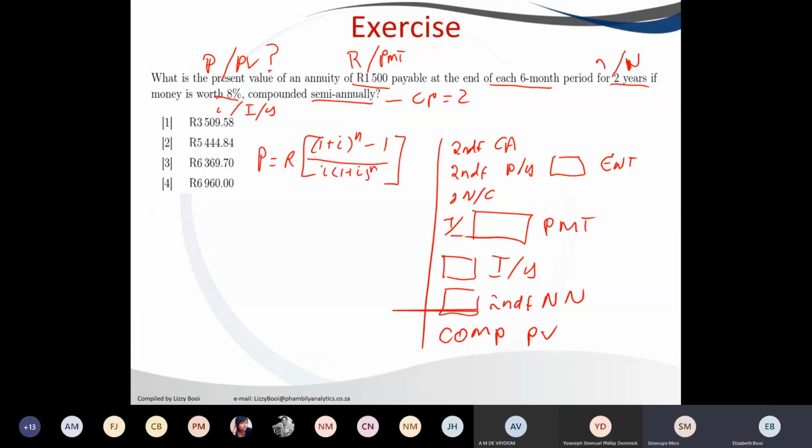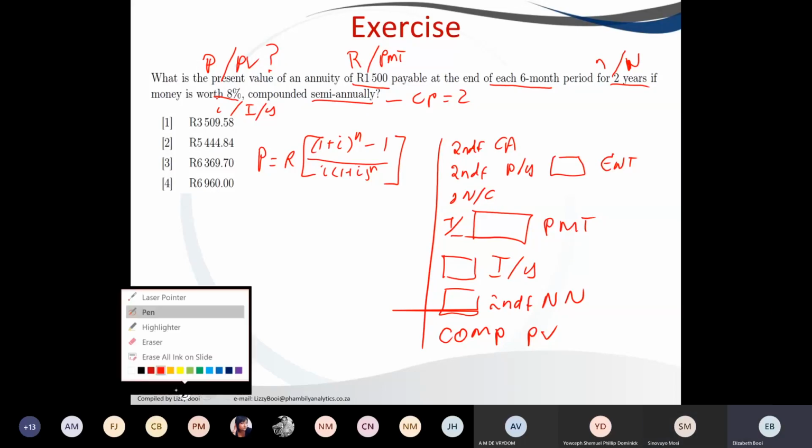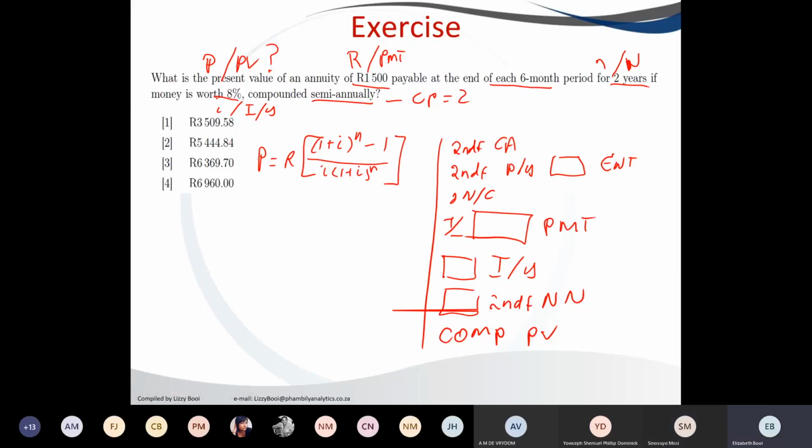Okay, let's substitute and see if you have done it right. Let's help also those who are doing manually, because they might also be struggling. Let me change my color. I'm going to use blue. What was the value of P?